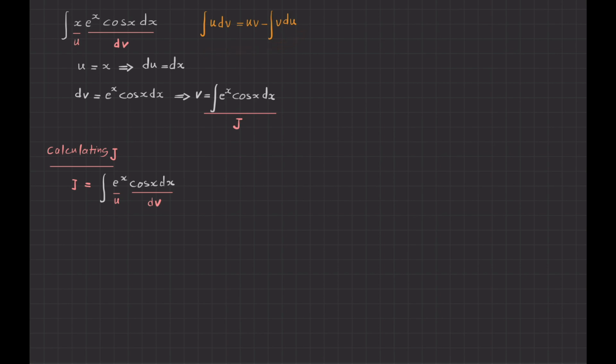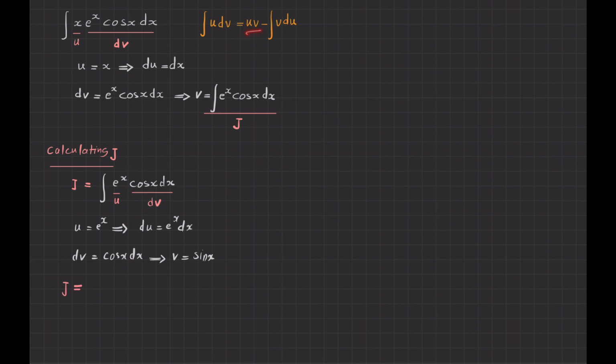So u is e to the x. What is du? du is simply e to the x dx. And of course, dv is cosine x dx, and v is simply a primitive function for cosine, which we know is sine x.